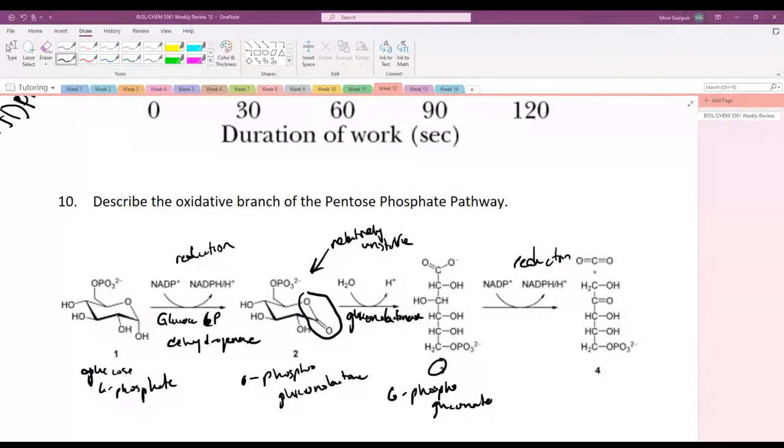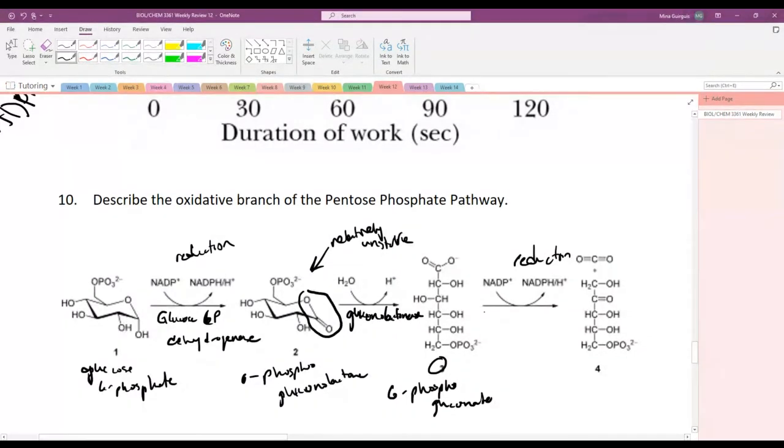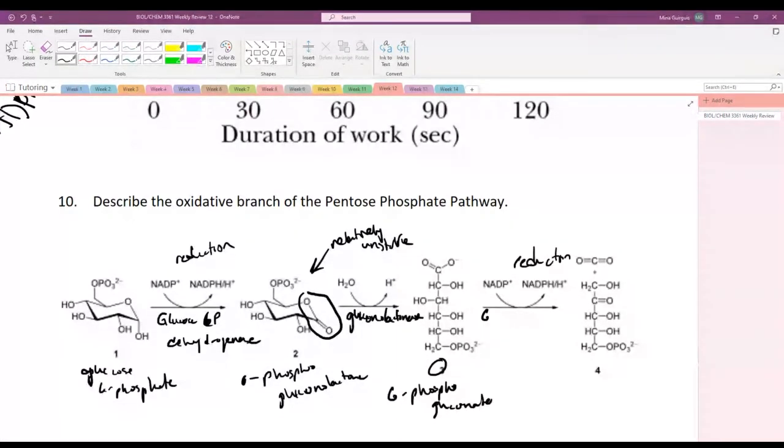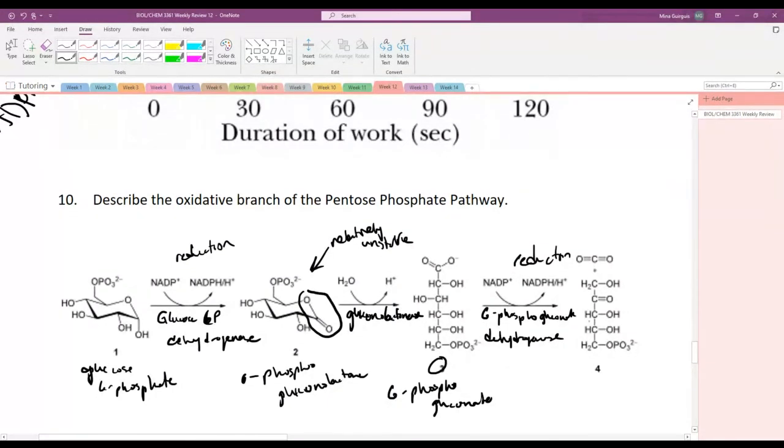okay? And since it's a reduction, you're using another dehydrogenase, and in this case, I don't know if you guys can guess it, but it's 6-phosphogluconate dehydrogenase. Okay? All right, so interestingly here, we lose CO2.